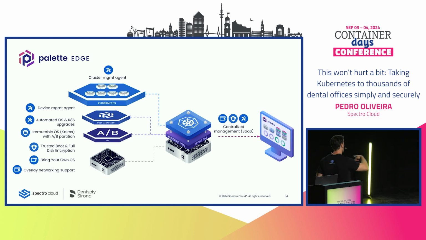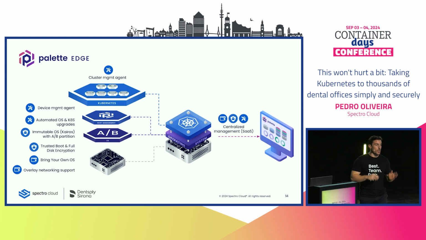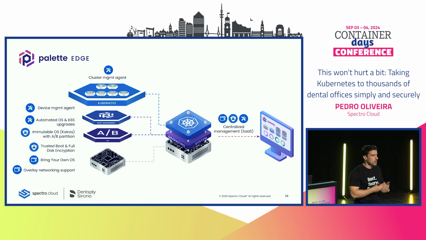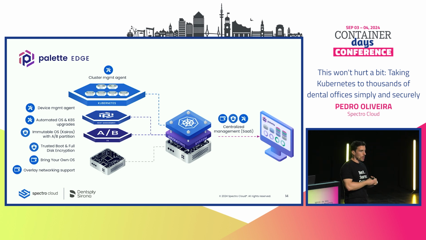And all of this then is centralized back to our management platform, which in Dentsply's case, they are using a dedicated SaaS platform because of data considerations. But from Pallet's perspective or from Spectro Cloud's perspective, this could be multi-tenant SaaS, could be self-hosted, could be air-gapped. It doesn't actually matter.